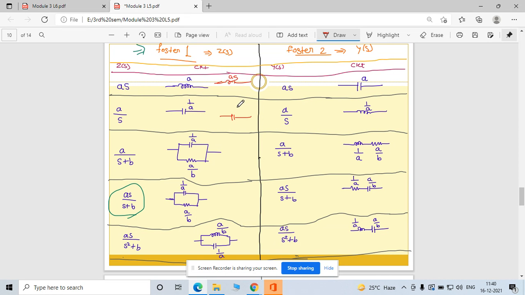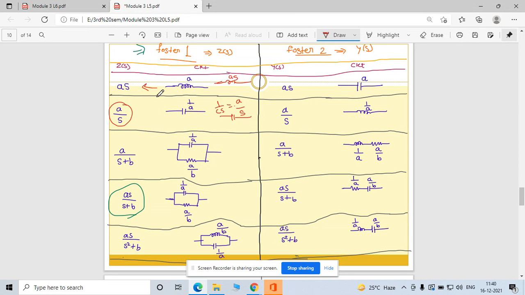So C value is 1 by A, so 1 by Cs is nothing but your A by s. Now see, compare this. This is the Laplace domain of this circuit.